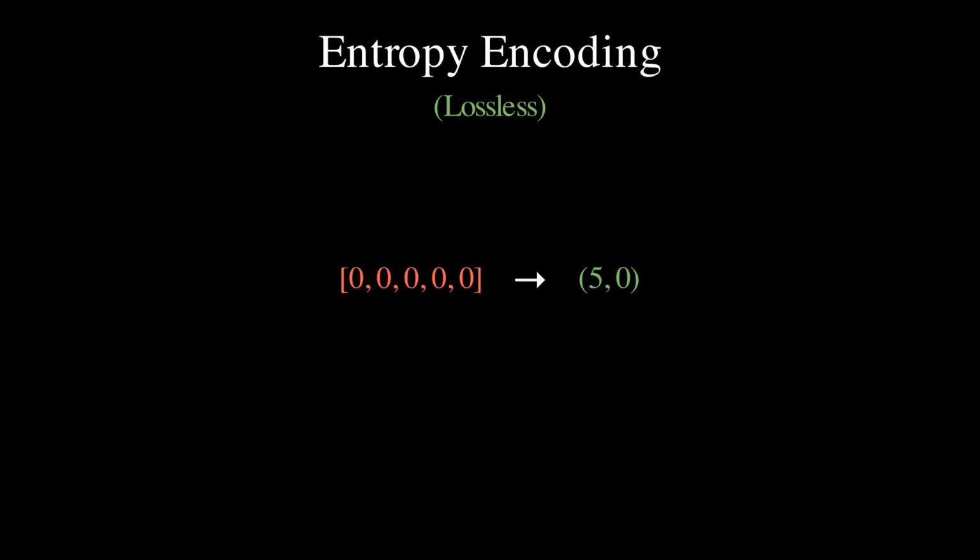Instead of storing 0, 0, 0, 0, we store 4 zeros. Huffman coding then assigns shorter binary codes to frequently occurring values and longer codes to rare values, like Morse code for data. Together, these techniques squeeze out every last bit of redundancy, creating the final compressed JPEG file.